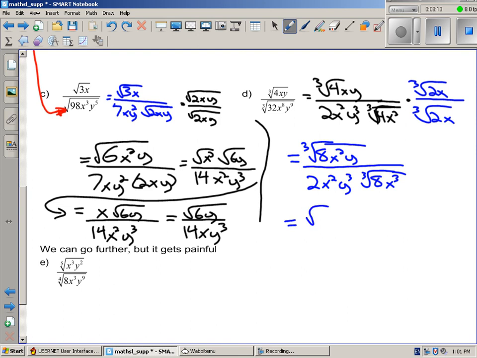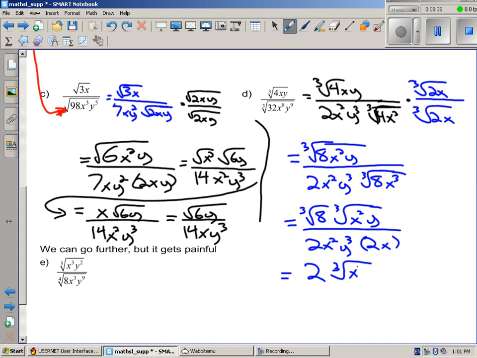On the top, really I could split this apart as the cube root of 8 times the cube root of x squared y. On the bottom we have 2x squared y cubed times the cube root of 8x cubed, which is just 2x. Okay, almost done. These are pretty tedious.